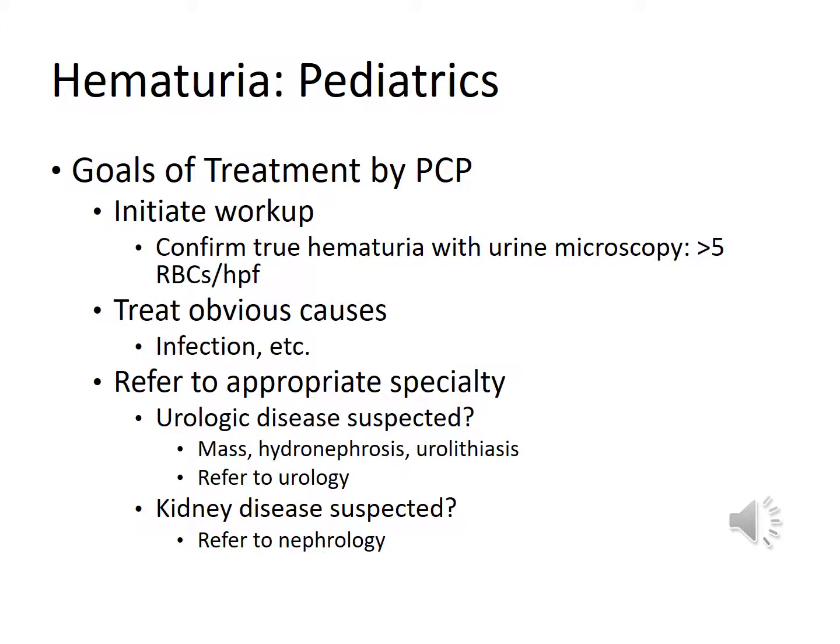If patients are suspected to have kidney disease as a cause for their hematuria, then nephrology is going to be the best referral. And just a side note, cystoscopy evaluation on children with hematuria is very rare, so it's not typically done.